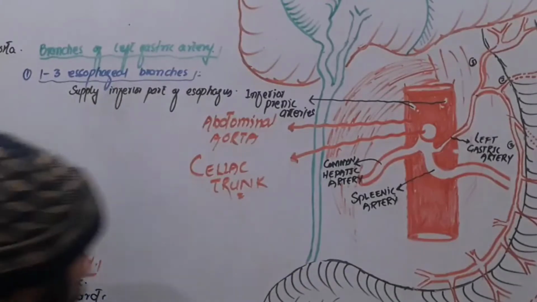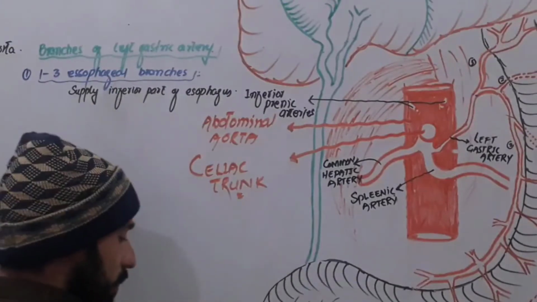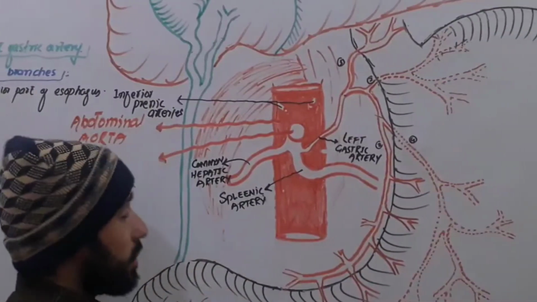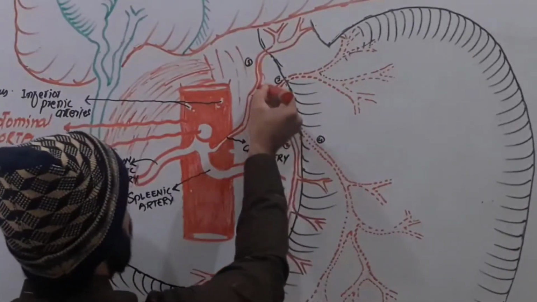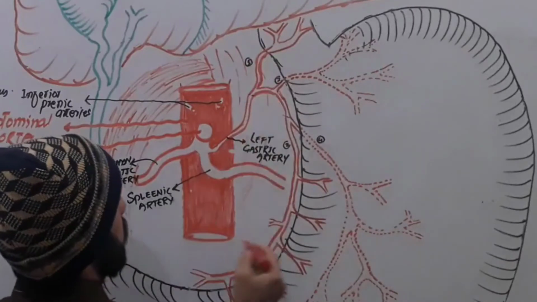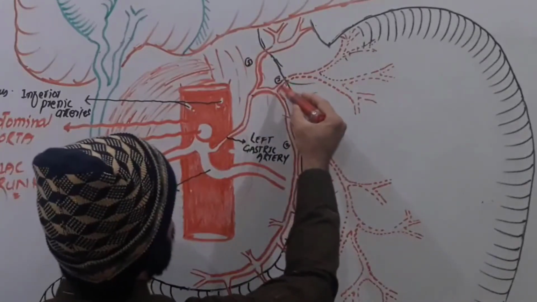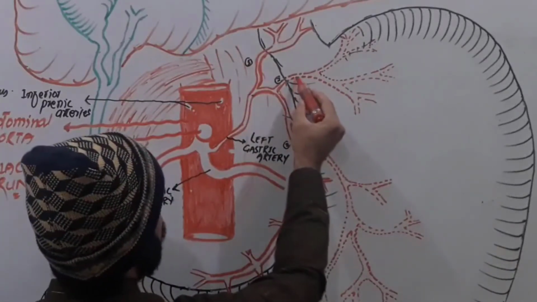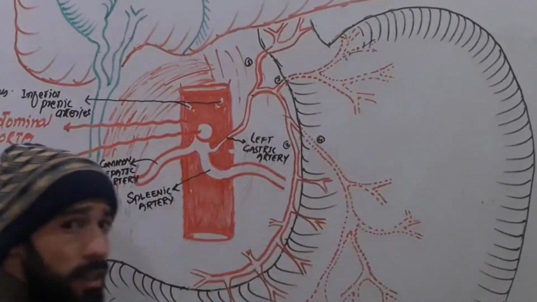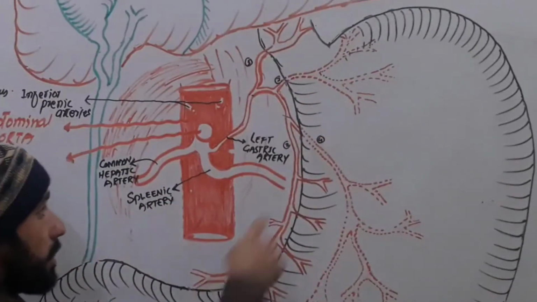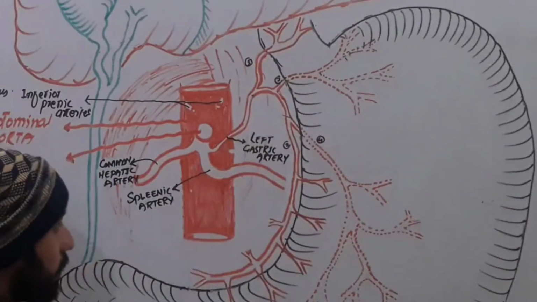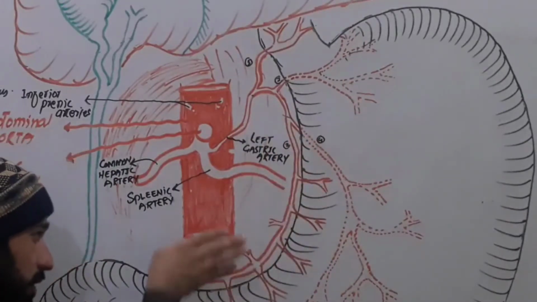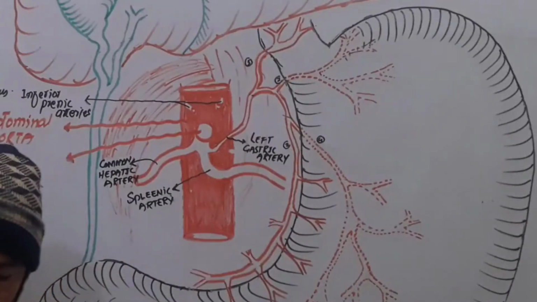Then the next branch that arises from it, you can see here, friends, look carefully. One thing I want to mention here: I have drawn these dark lines, right? You can see dark lines up to here, but when it goes forward it becomes dotted lines, right? These dotted lines mean that these arteries are present in the posterior aspect, and these dark lines show that these are present in the anterior aspect, right?